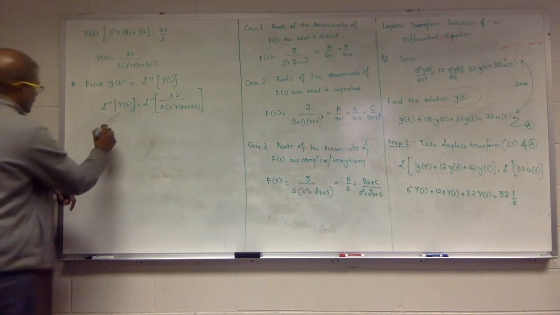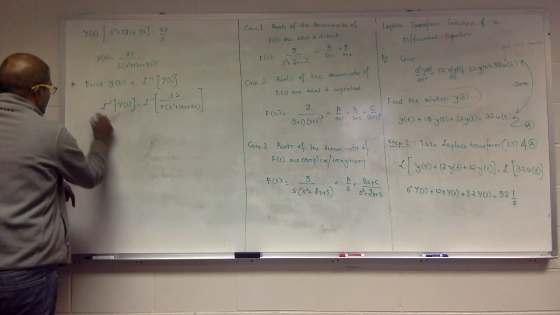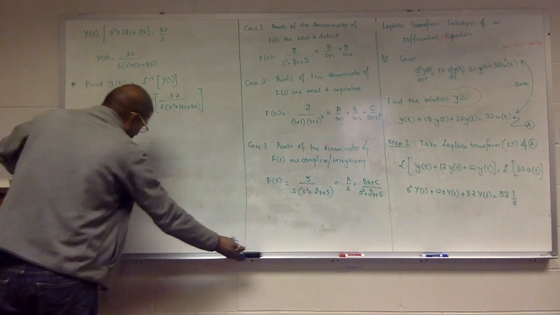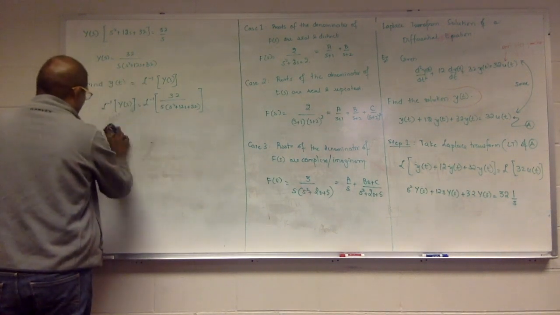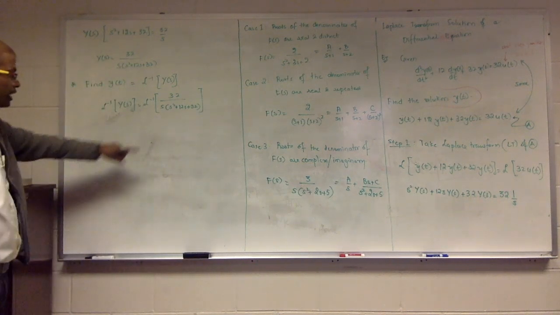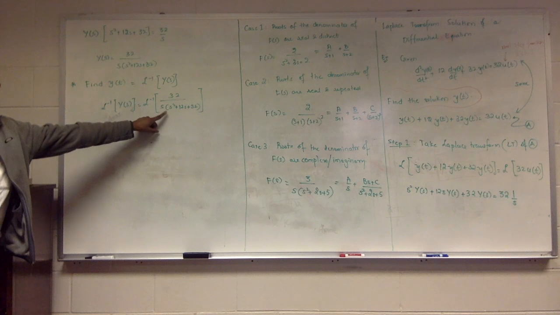On the left hand side, this will become y of t. But what is the challenge here? If you try to look up the Laplace inverse of this function in the table, you'll not find it.